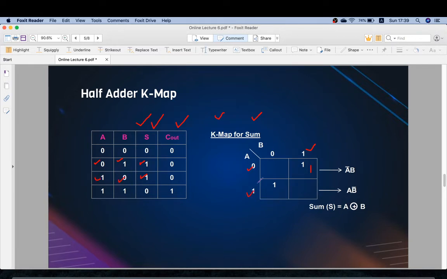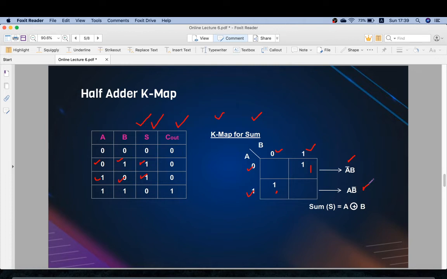So here it is 1 and 0. So one variable for the sum will be in this cell. So what will be the function for this? A bar B. And what will be the function for this? A B bar.